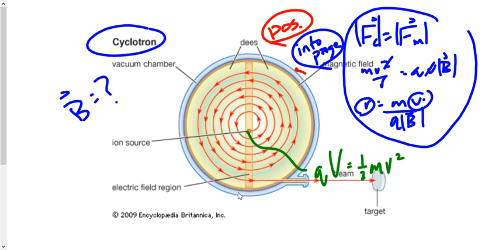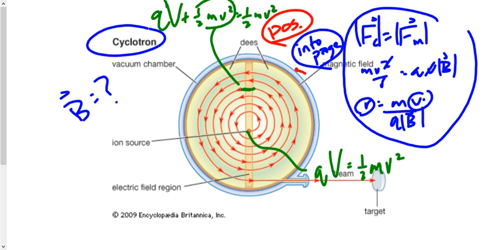Now, what if we analyzed it up here, going across this gap up here? That would not be qV equals 1/2 mv squared. That would be qV plus what? Somebody said it. Plus 1/2 mv squared equals 1/2 mv squared.